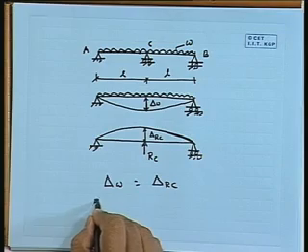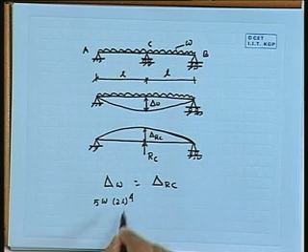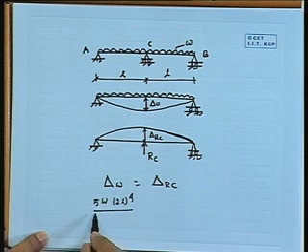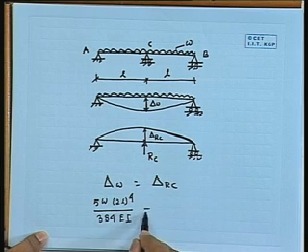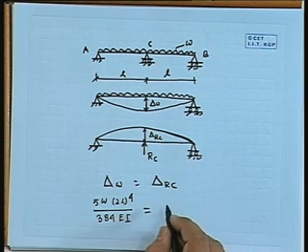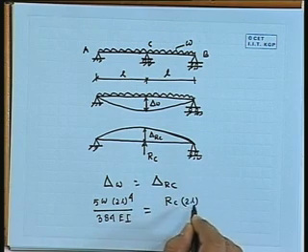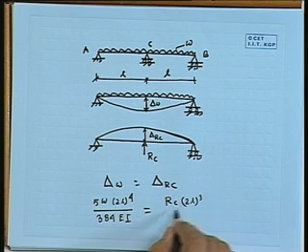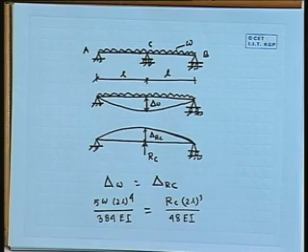So, it will be 5 omega and 2L to the power 4 divided by 384 EI, and that should be equal to this will be R C, 2L cubed divided by 48 EI, right.